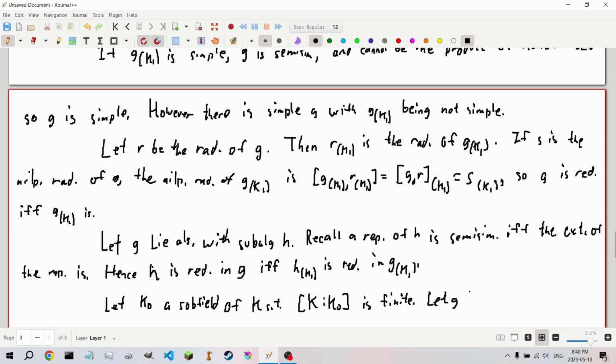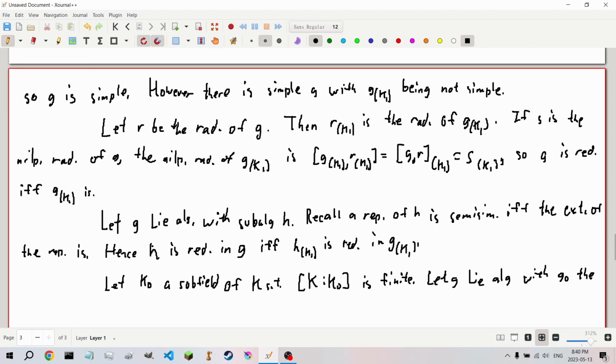Let G be a Lie algebra with G naught the Lie algebra derived by restricting the base field to K naught.